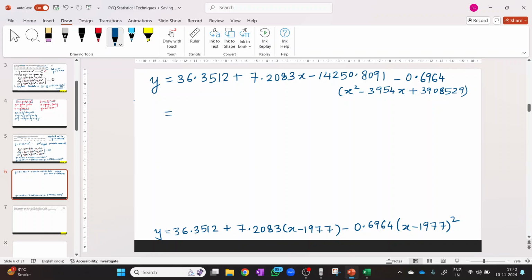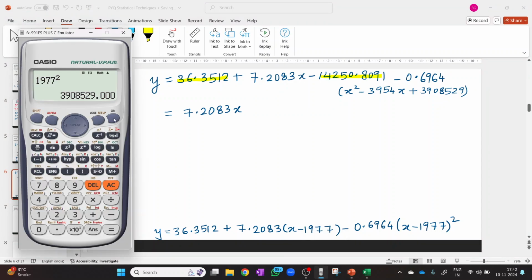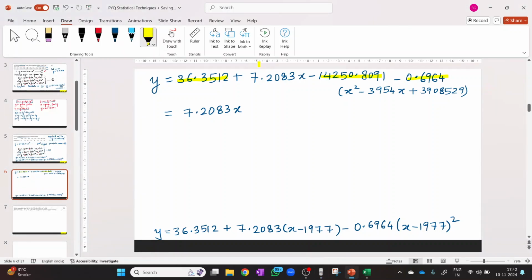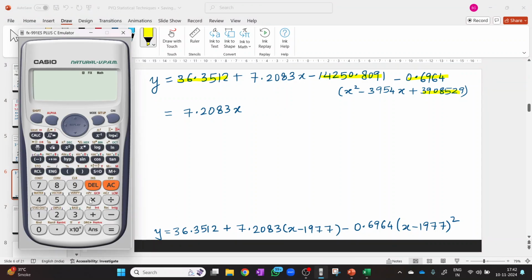Now multiply the values and open the brackets. At the same time, I'll subtract these two values. So I have 7.2083x. Then I'll be subtracting. Also at the same time, I'll be subtracting this multiplication. So we make it together.